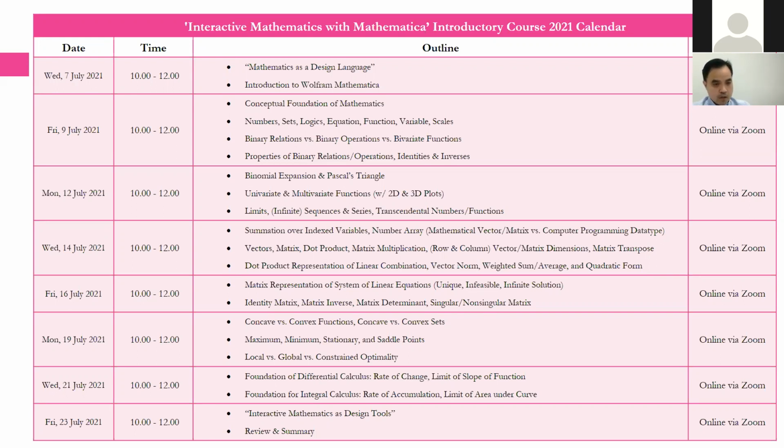Okay, so with that, what are we doing today? Let's look at the outline. It covers the conceptual foundation of mathematics: number, set, logic, equation, function, variable, scales, binary relation, binary operation. A lot of this you will have seen in high school, but you would not have understood them in a more abstract or generalized concept.